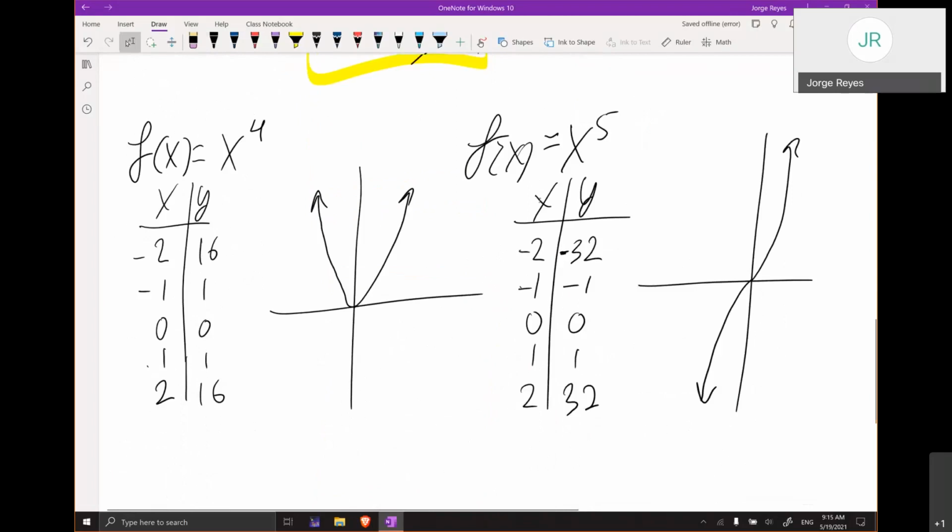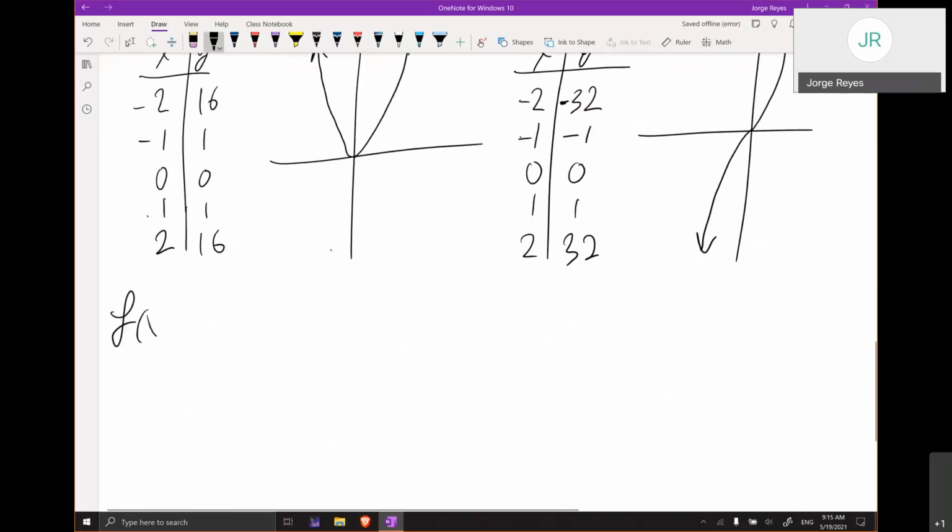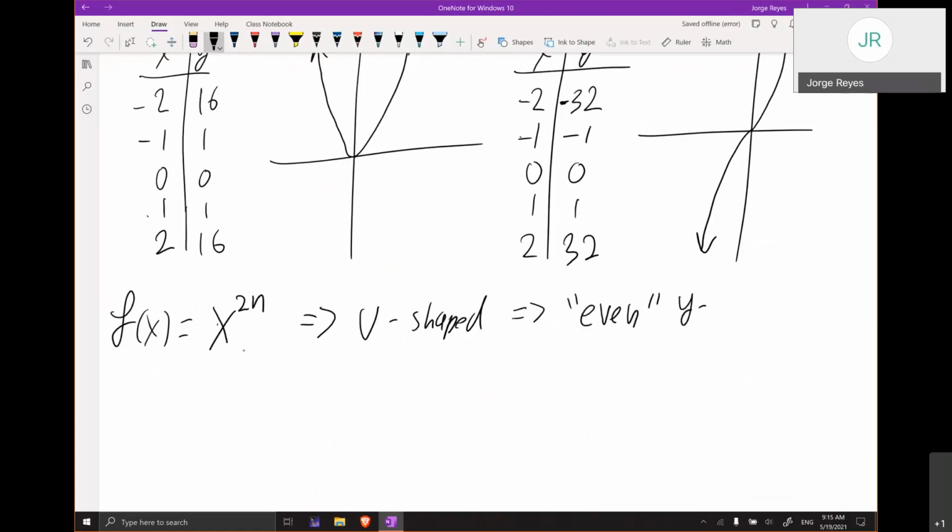So this is always true. If you have a function and its leading term is even, so 2n, it's gonna look U-shaped, which later on we're gonna know means the function is even and y-axis symmetric. But for right now, you don't have to worry about that.